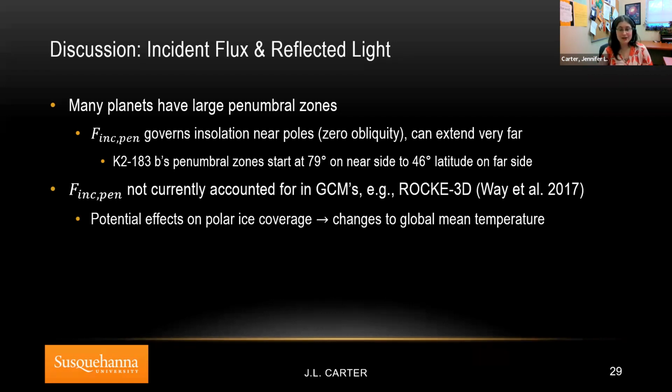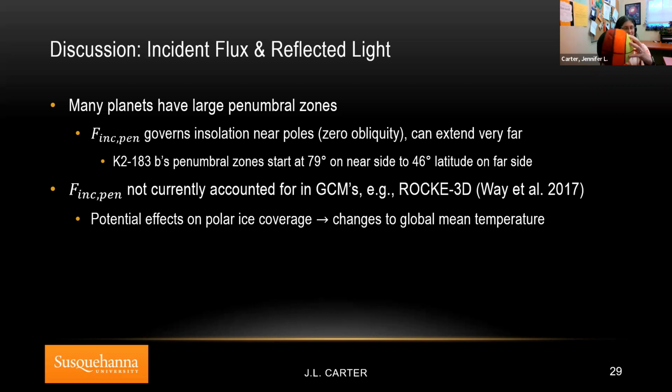It's been shown using global climate models that polar ice coverage can have an effect on global mean temperatures. To my knowledge, no climate models actually take into account this type of radiation here and here.